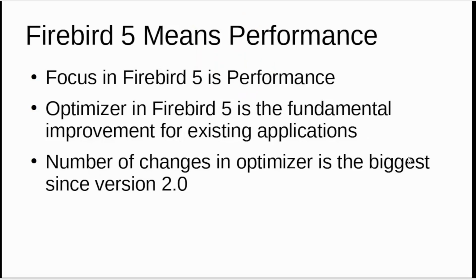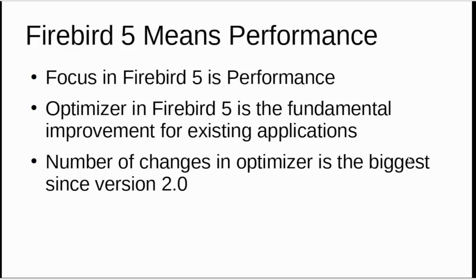Firebird 5 is focused on performance. Almost all features, all changes in Firebird 5 are intended to improve performance, and especially the Optimizer. The good thing about Firebird 5 is that the Optimizer is targeted to improve existing applications.